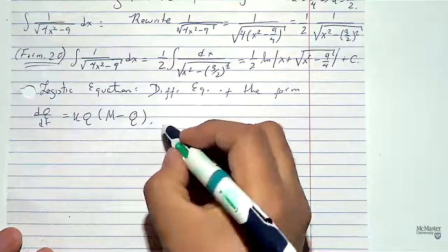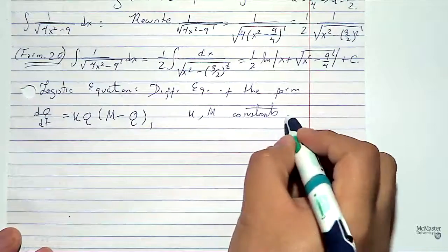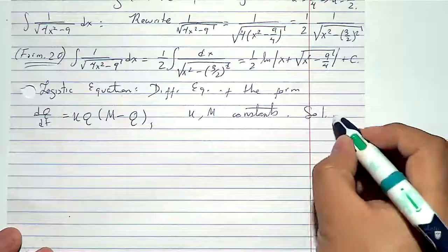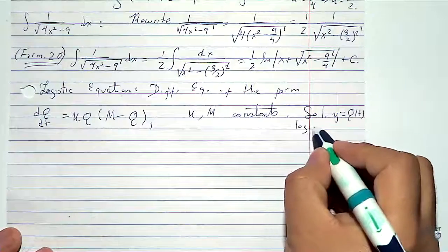So k and m are constants, and the solution, which is of the form y equal to q of t, is called the logistic curve.